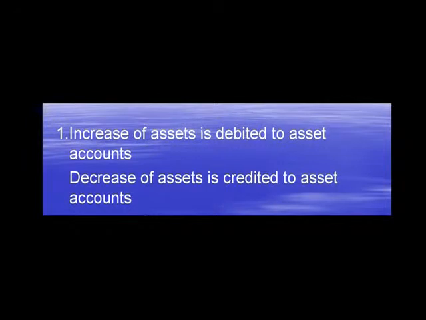Decrease of assets, credit. Debits and credits are the two things that we are doing in accounting. Whether it is accounting 1 or accounting 6 or 7 or 10, it is the same. Debit an asset to increase and credit an asset to decrease.